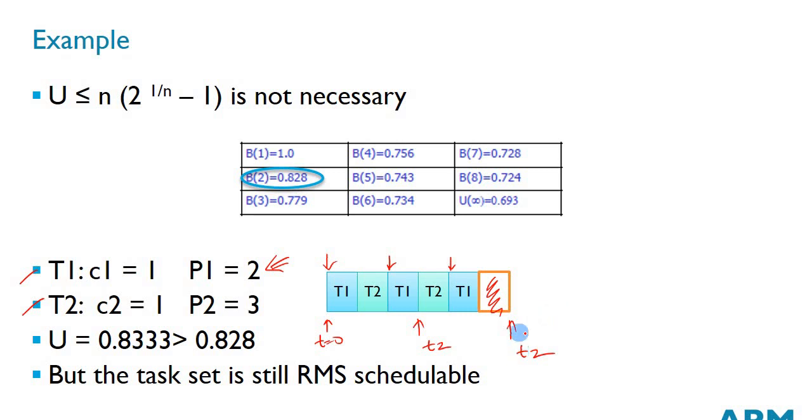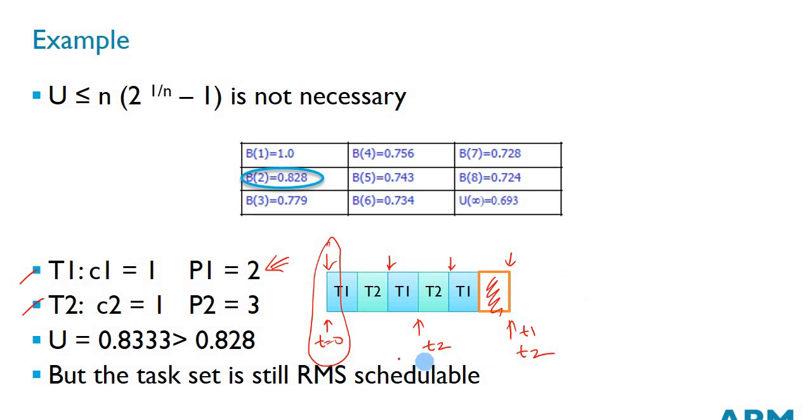But when task 2 and task 1 come together over here, both task 1 and task 2 will come, and you will see it is the same scenario as over here. Correct? So this is basically the hyper period.